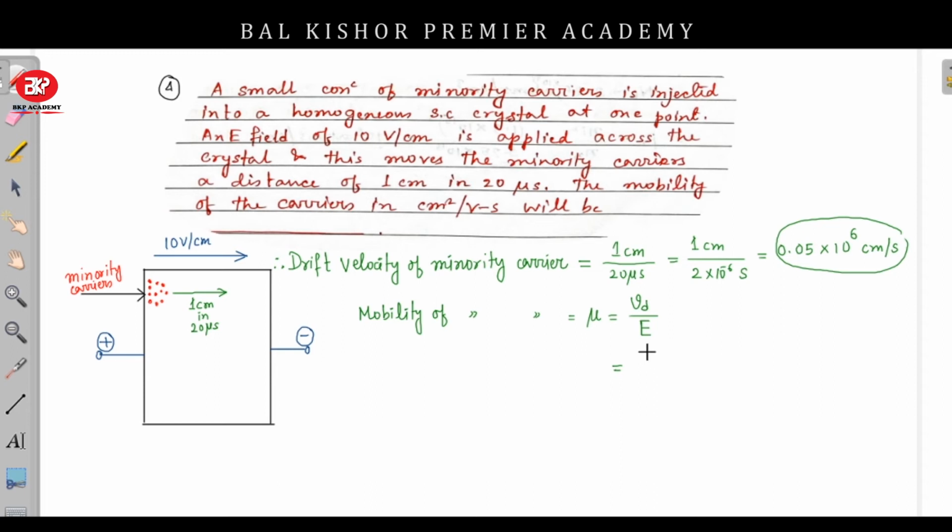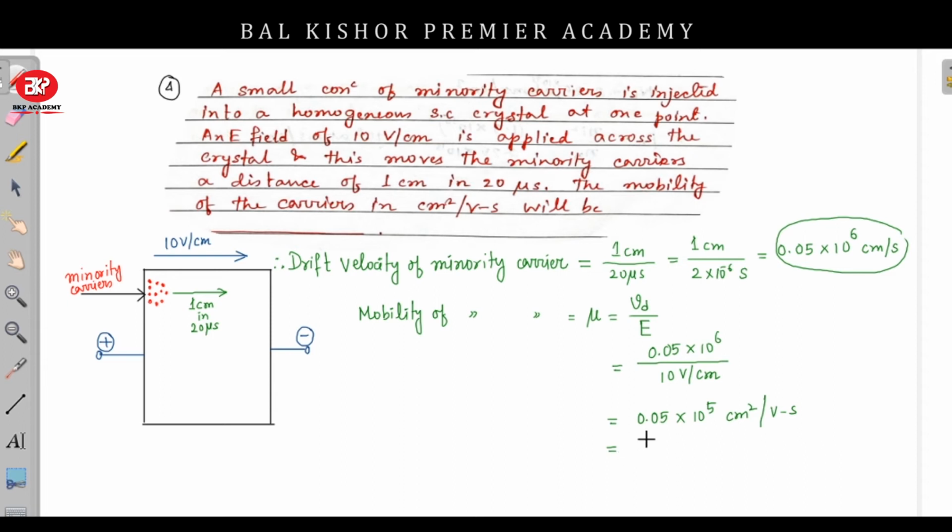So if I put this drift velocity value, it will be 0.05 into 10 to the power 6 divided by capital E, and capital E is 10 volt per centimeter. After calculating this, you can see that it will be 0.05 into 10 to the power 5 centimeter square per volt second.